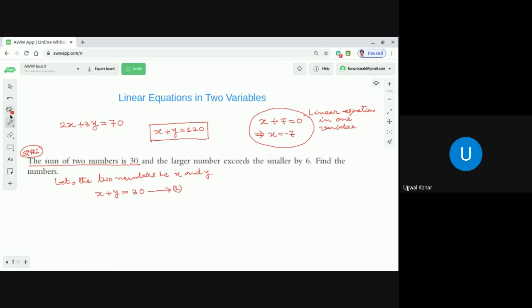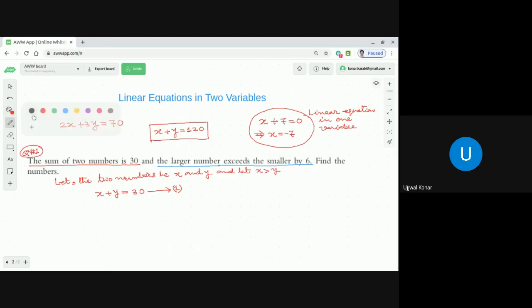And the second statement, let me draw it in a different color so that I can explain. The larger number exceeds the smaller number by 6. So now when we assume these two numbers as x and y, let x be greater than y. So let us assume that x is the larger number.